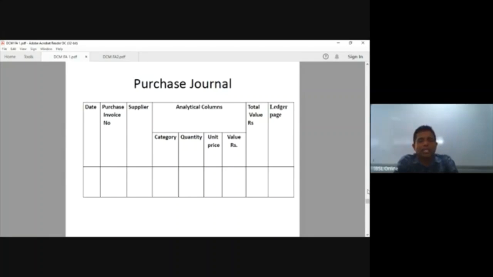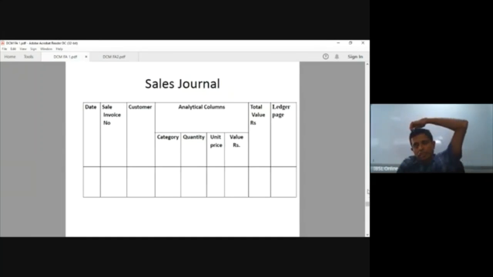Thereafter, a summary of these transactions will go to the ledger accounts. If you take the month of January, the total of all credit purchases will go to the ledger account instead of posting one by one. If you have a large number of credit purchase transactions, you have to use the purchase journal. Otherwise, forget about the purchase journal and directly record all transactions in the ledger.